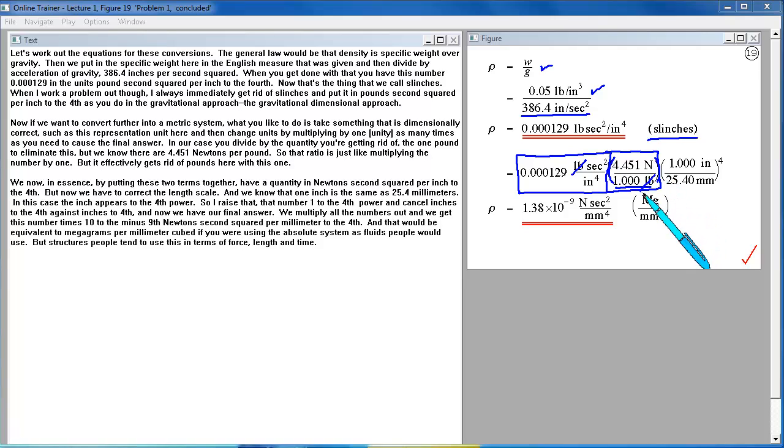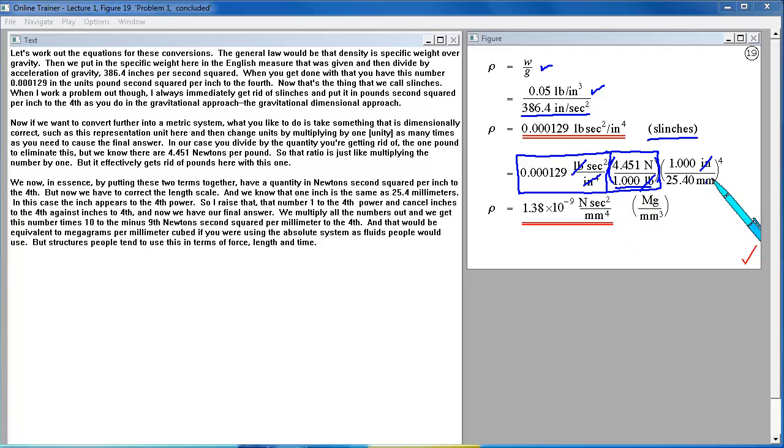We now, by putting these two terms together, have a quantity in newton seconds squared per inch to the fourth. But now we have to correct the length scale, and we know that 1 inch is the same as 25.4 millimeters. In this case, the inch appears to the fourth power, so I raise that number 1 to the fourth power and cancel inches to the fourth against inches to the fourth. Now we have our final answer.